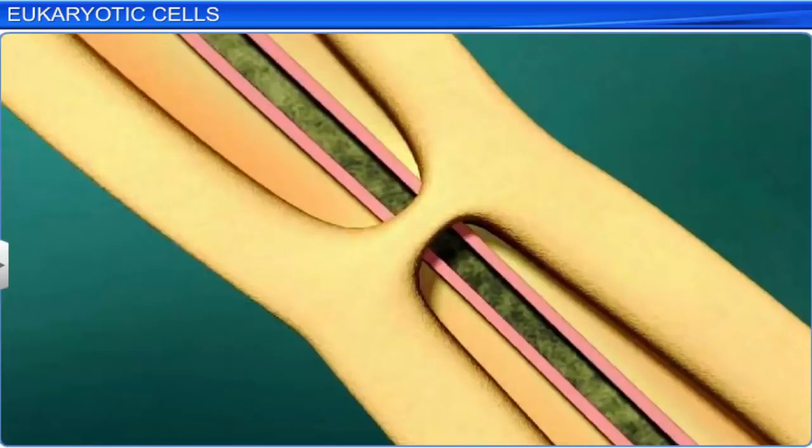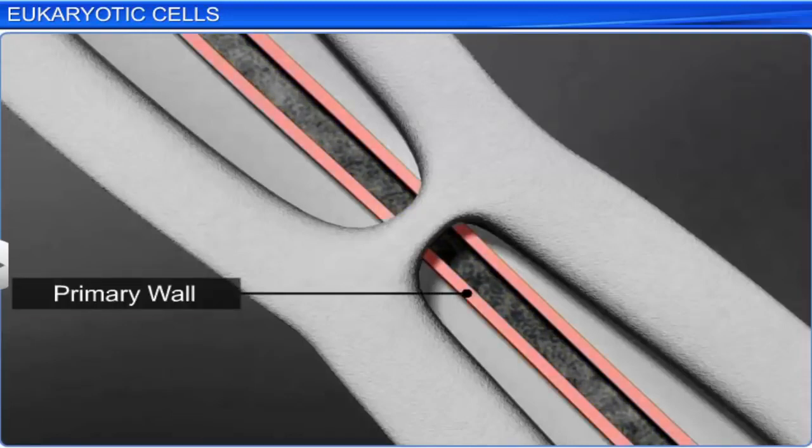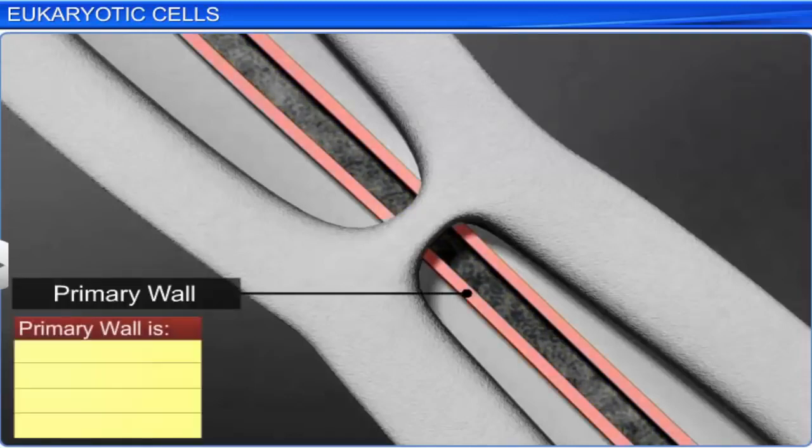The middle lamella, mainly made of calcium pectate, lies between neighboring cells and glues the cells together. The primary wall is the first formed wall that develops when the cell is growing. It is thin, elastic, and extensible. However, its growth capability diminishes as the cell matures.